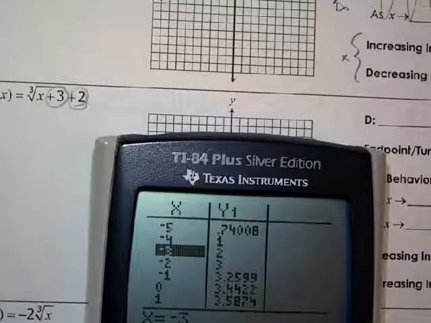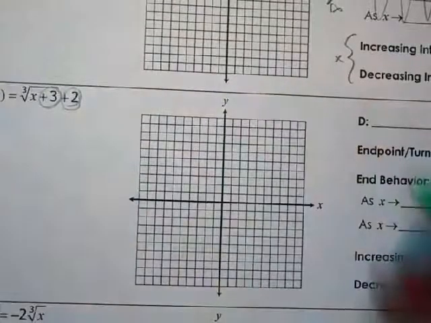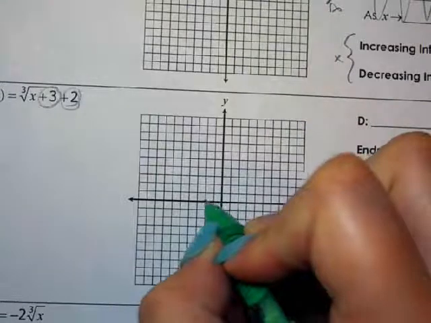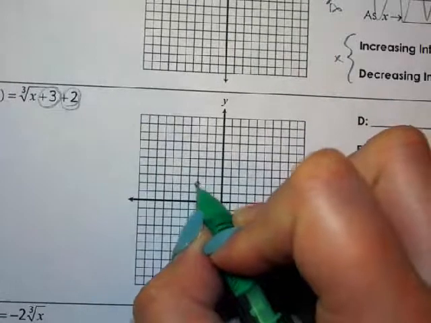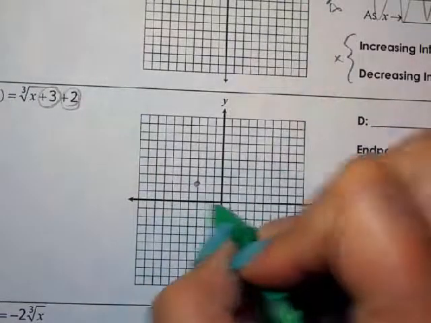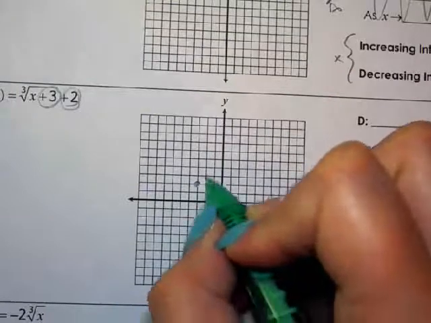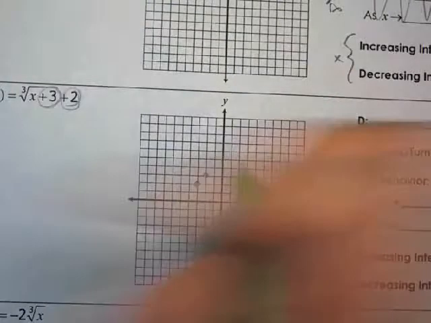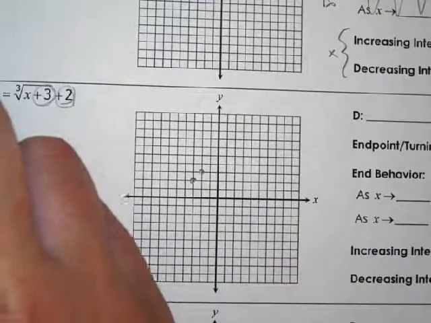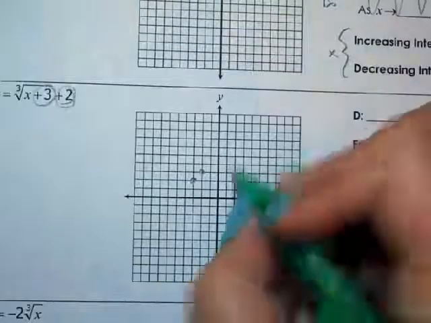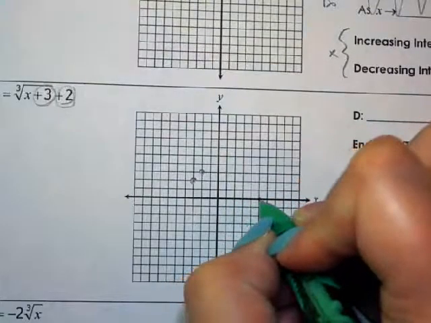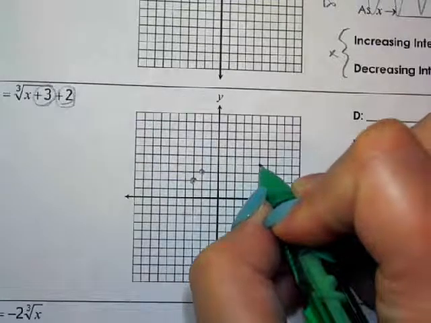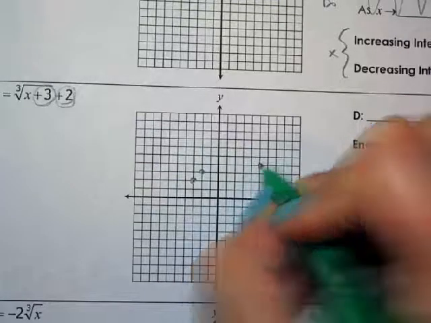So -2, 3, 5, 4. And then in the other direction, I had -4, 1. I don't know if I have room for the other point. -11, 0.